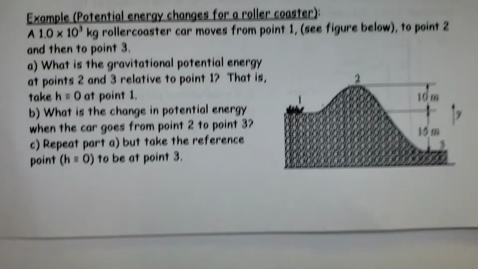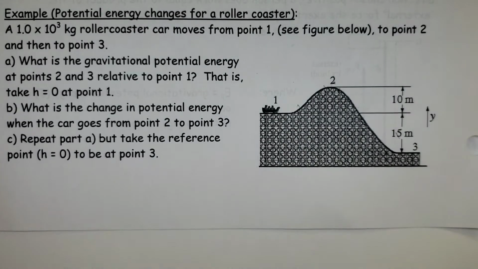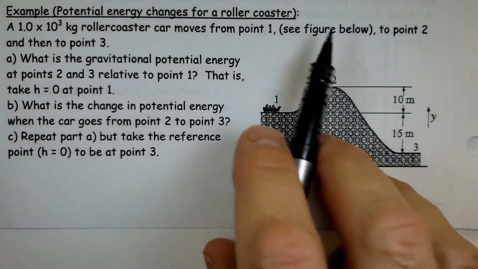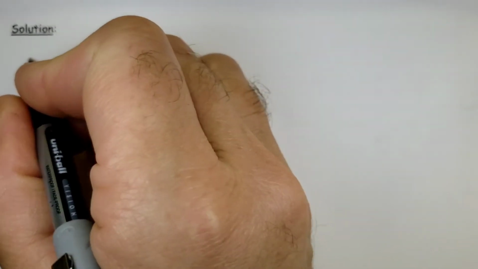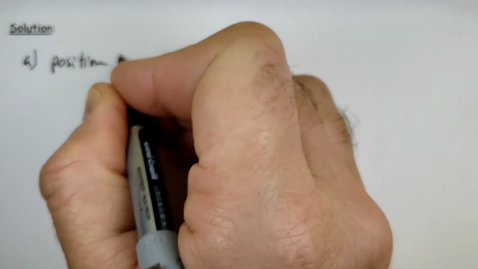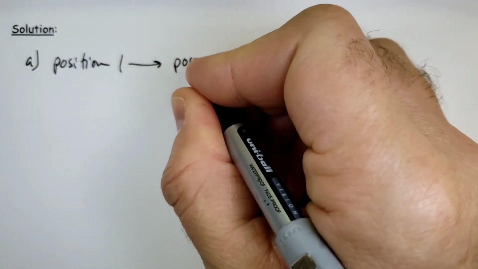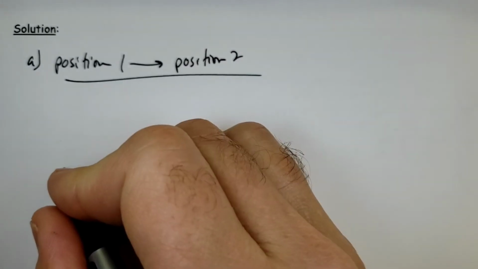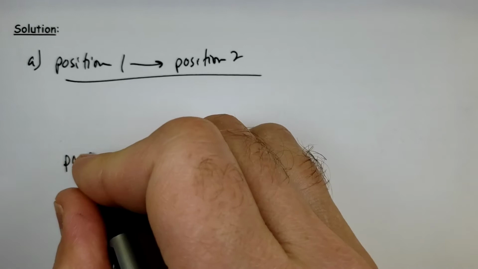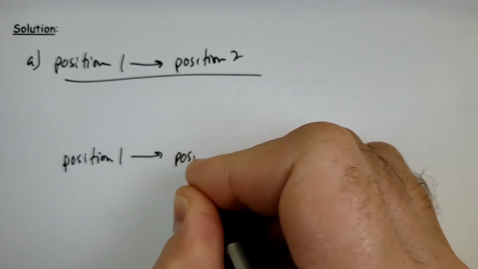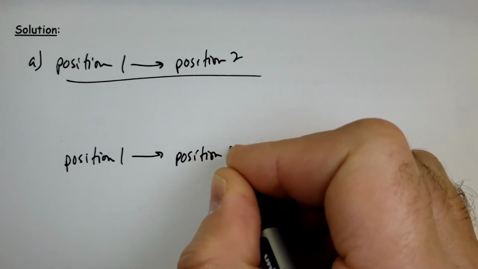Okay, so we'll do the first part here. So part A, going from 1 to 2 and then 1 to 3. So I can write that like this. Position 1 to position 2. And then position 1 to position 3.